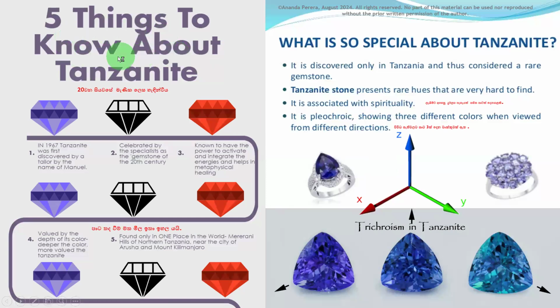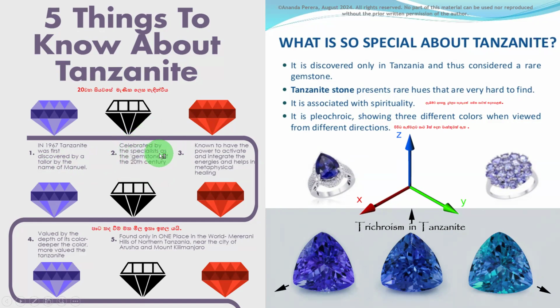Five things to know about Tanzanite. First, in 1967, Tanzanite was first discovered by a tribesman by the name of Manuel. He gave the name. Number 2, it is celebrated by specialists as the gemstone of the 20th century.